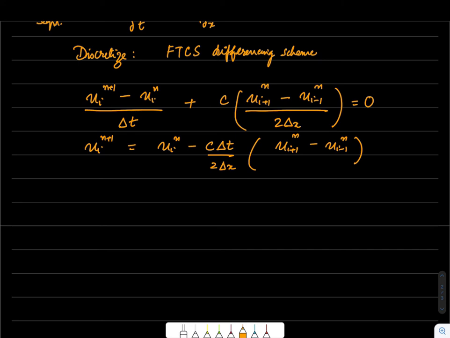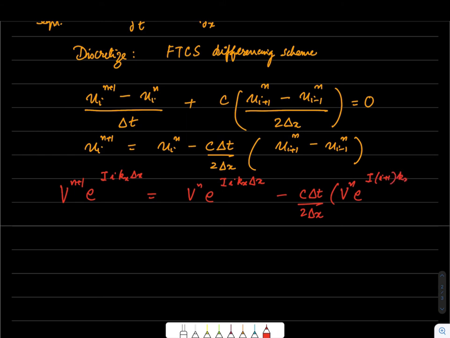I will just go straight to epsilon, and knowing that epsilon would be written in the following way, the left hand side will be Vn plus 1 e to the power I kx delta x, that would be equal to Vn e to the power I kx delta x minus c delta t by 2 delta x, then we'll have Vn e to the power I plus 1 kx delta x minus Vn e to the power I minus 1 kx delta x.